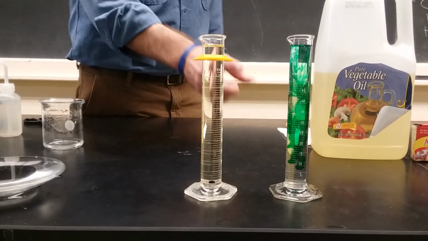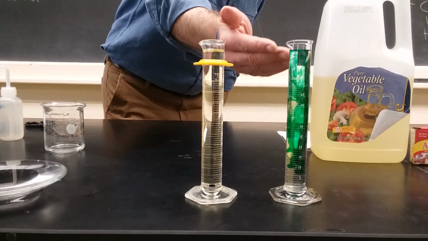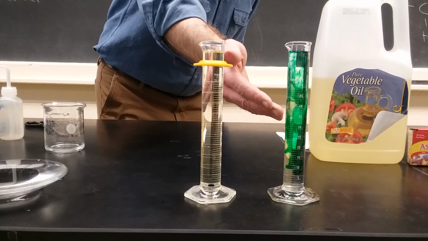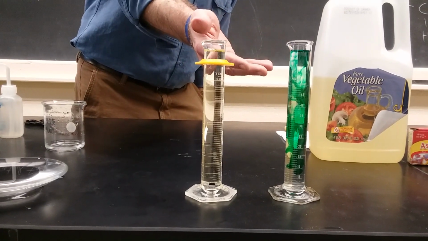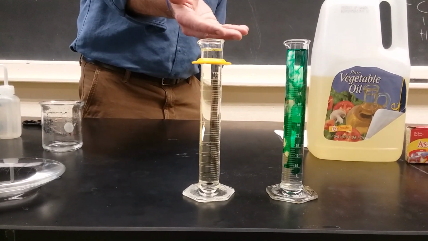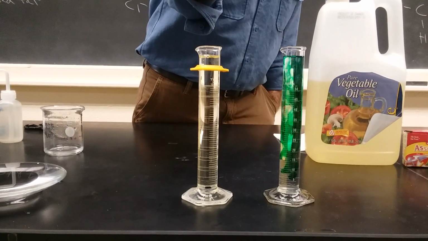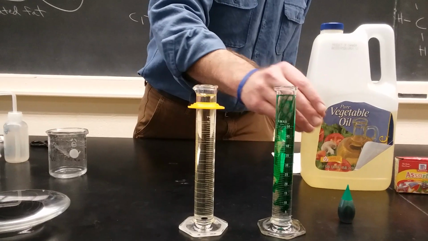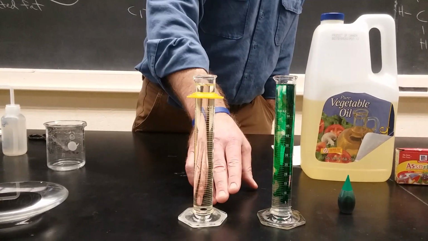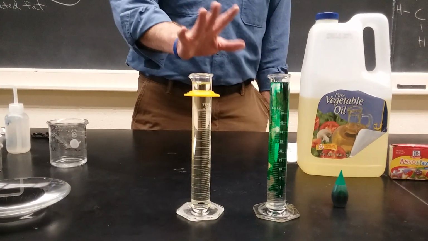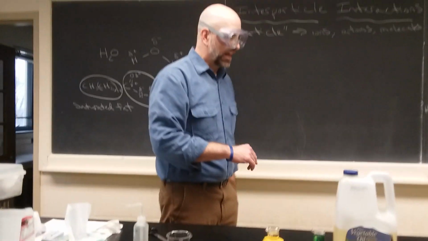Very important, okay? So this one is polar interacting with polar, and they're perfectly fine on a molecular level interacting with each other because they have similar intermolecular forces. Both within the food coloring itself and the water, they're similar. But oil and the food coloring, no, and they will stay separate.